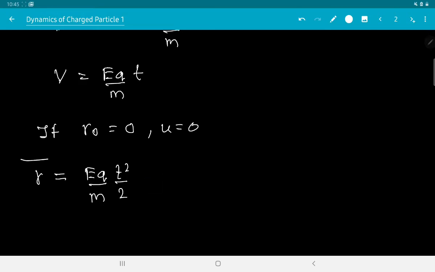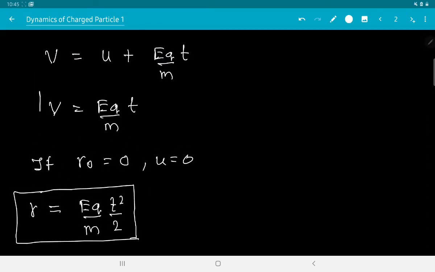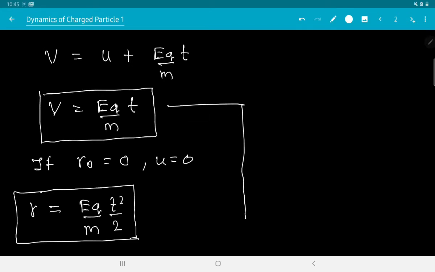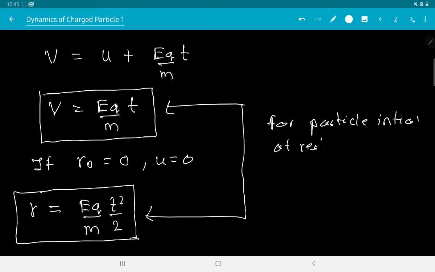So the displacement will be just given by eq by m into t square by 2. These are the equations for the particle initially at rest. If the particle is initially at rest, that means its initial velocity will be 0 and its initial displacement will also be 0.